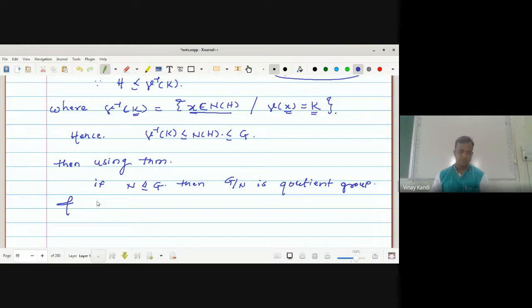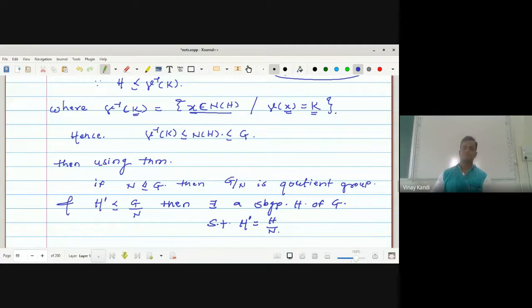And suppose H dash is a subgroup of G by N, a quotient subgroup, then there exists a subgroup H of G such that H dash coincides with H upon N. Okay, this is the theorem.